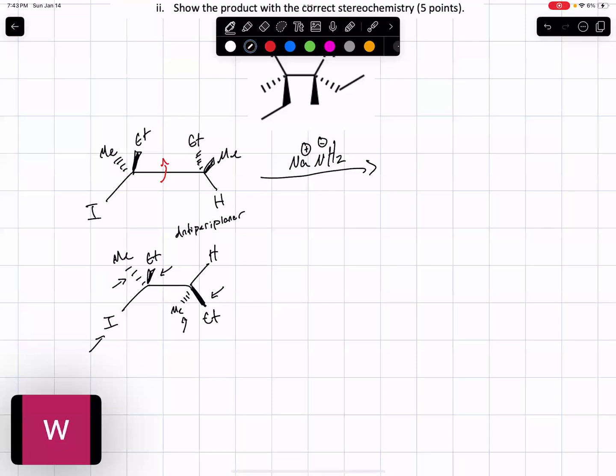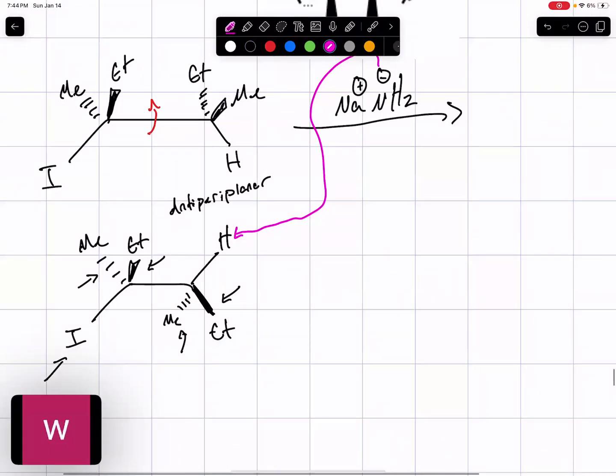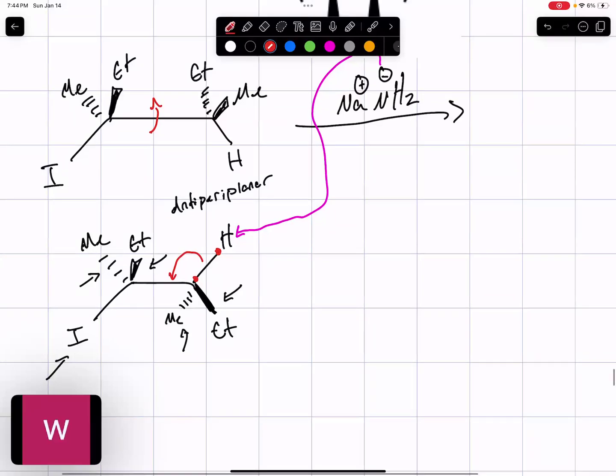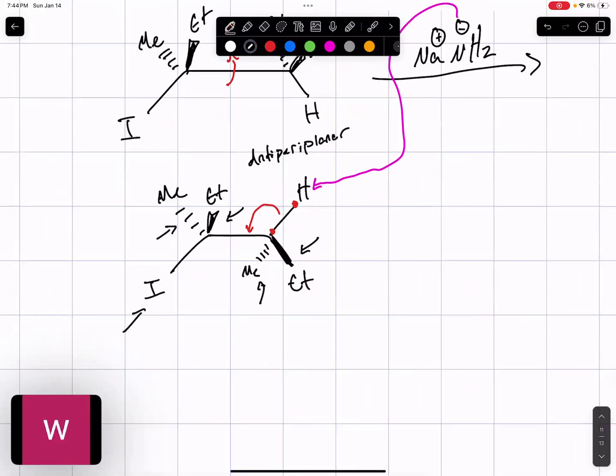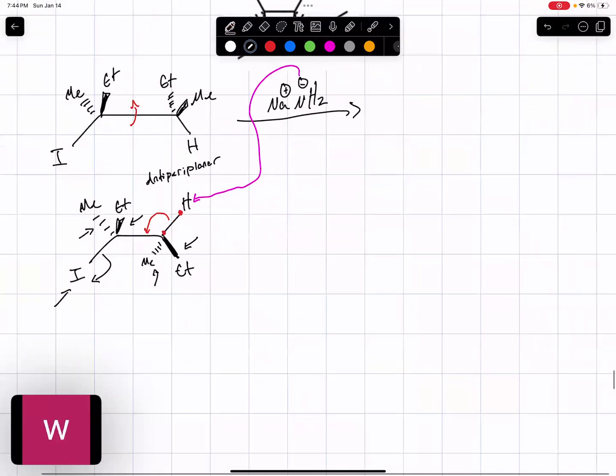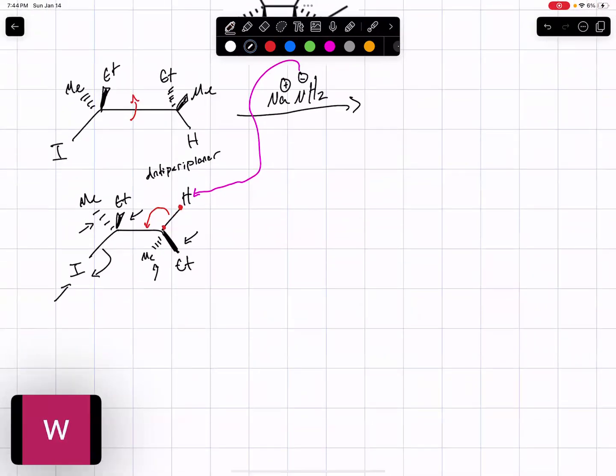Now that hydrogen is anti-periplanar, it can be picked up by sodium amide, and the electrons shown in red being shared by that carbon and hydrogen are now being donated to form the alkene, kicking this iodide group out. Cool. So we know we're forming an alkene.